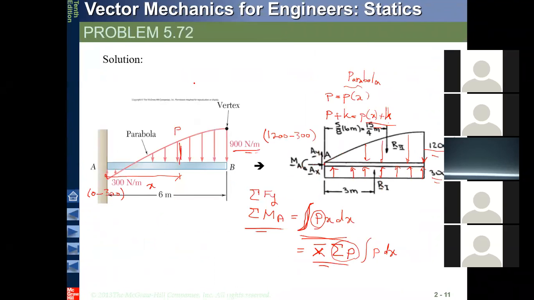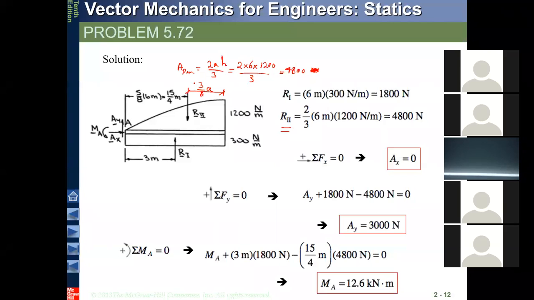Yes. So then you're going to have the distance from point A, 5 over 8 times a, and this is also a rectangle, so the centroid lies on the center of the rectangle, so it is going to be 3 meter because the total length is 6 meters.